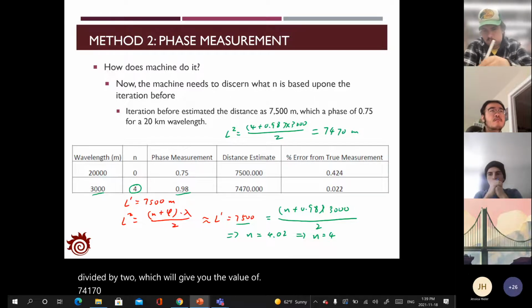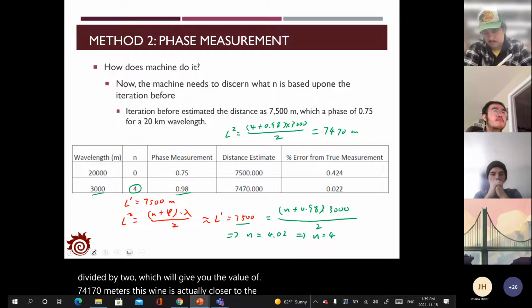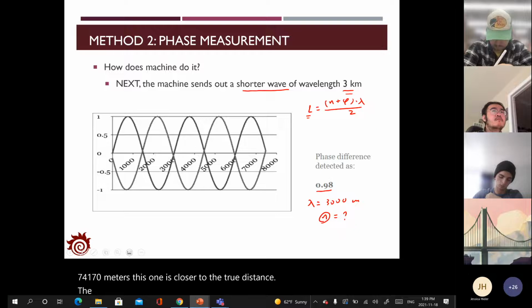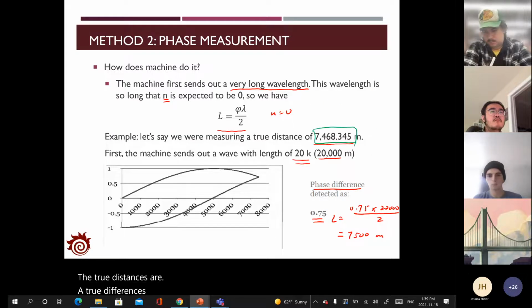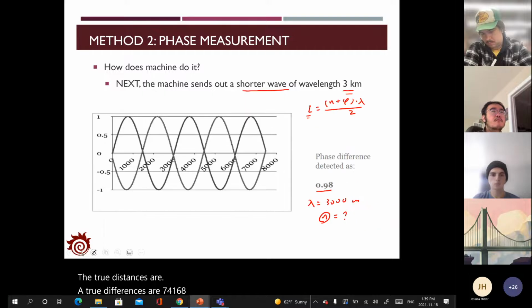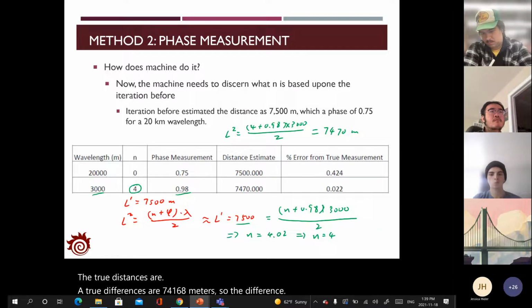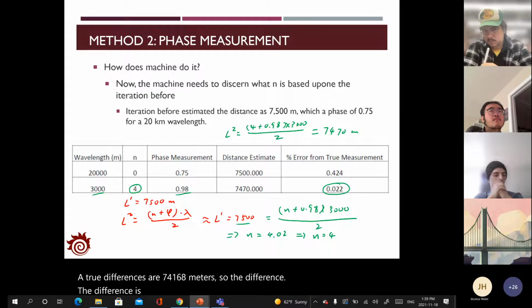This one is actually closer to the true distance. The true distance is 7,468 meters. So the difference is only around 2 meters.